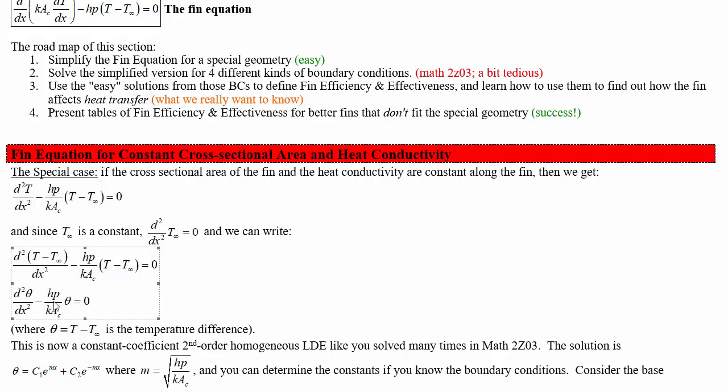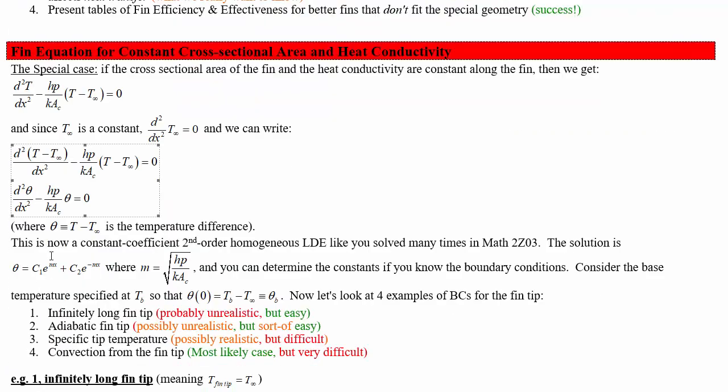Theta is equal to T minus T infinity, the temperature relative to the free stream temperature. The reason we do that is because this variable substitution gives a homogeneous second order differential equation with constant coefficients, which you can solve from your second year differential equations course material.